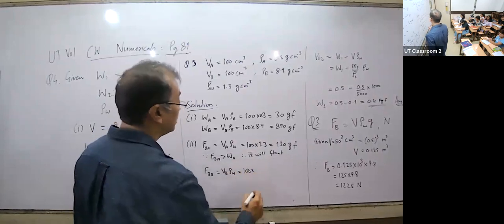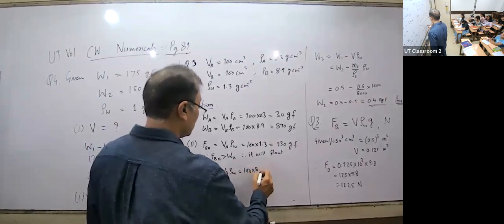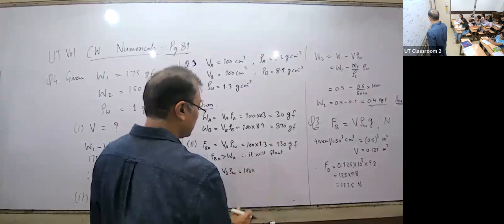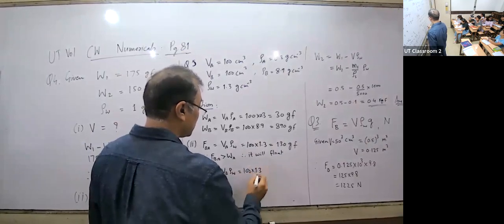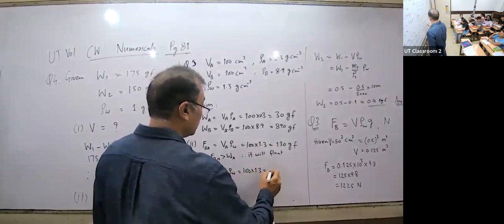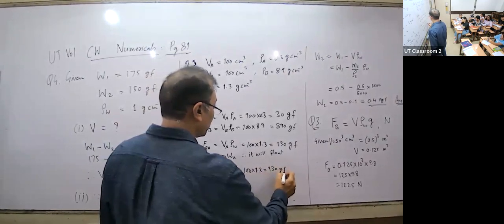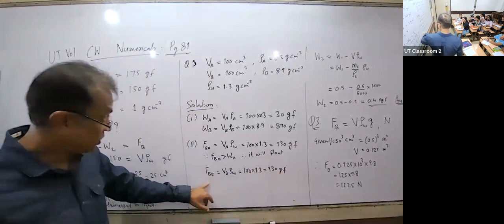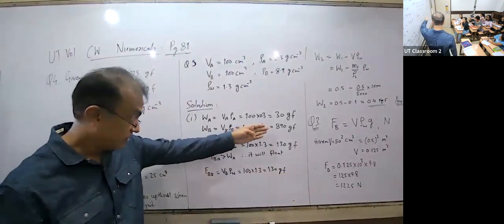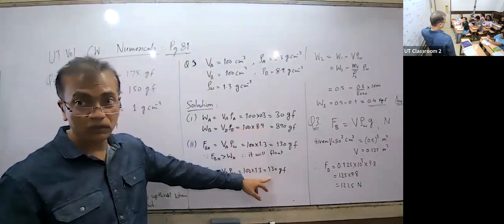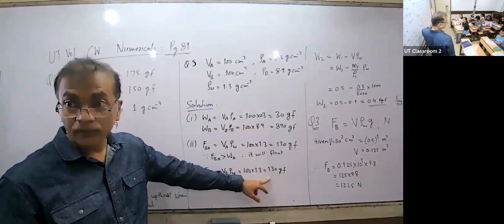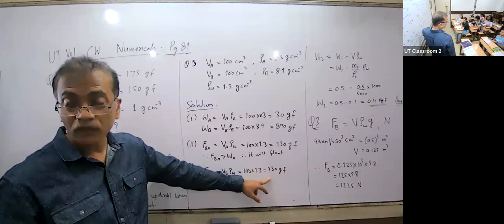What was the density? Not 8.9, 1.3. It is water, the same water into which we are putting both spheres. So this also experiences upthrust of 130 gram force. But now, what is the weight of B? 890. What is the upthrust? 130. Will it float or sink? Sink. Why?